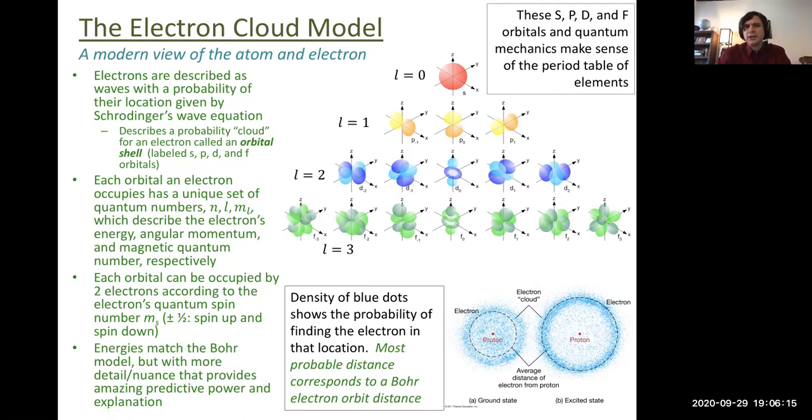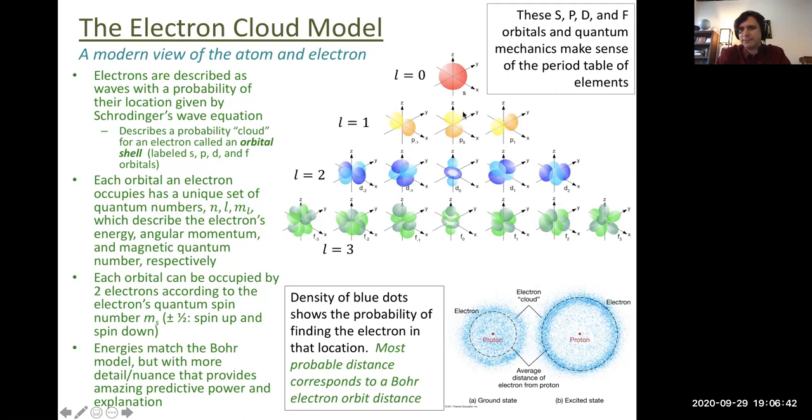We call each one of these probability clouds an orbital shell. Now, if you remember from your high school chemistry, this is how we're going to make sense of the periodic table. This is what gives us the modern design of the periodic table and gives a rhyme and reason to it: each orbital shell has an associated letter, an S, P, D, or F shell.